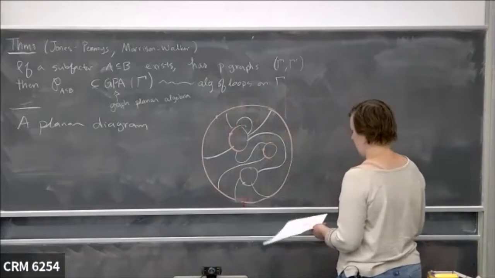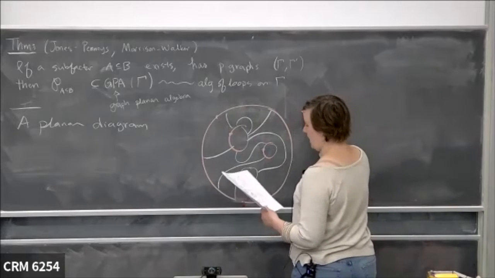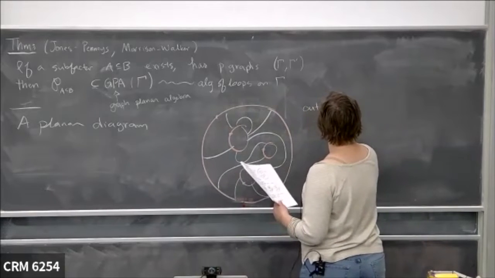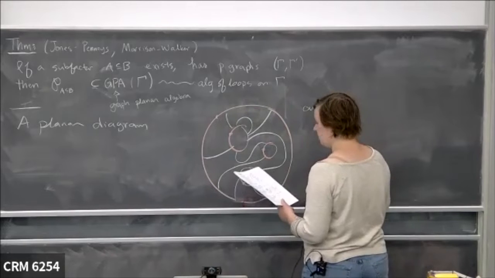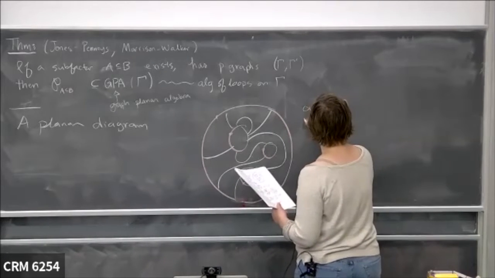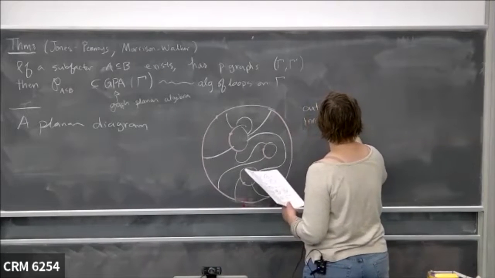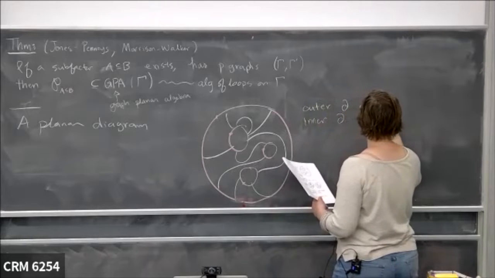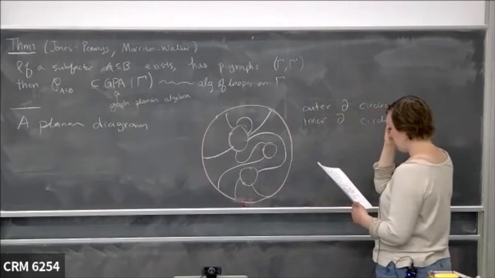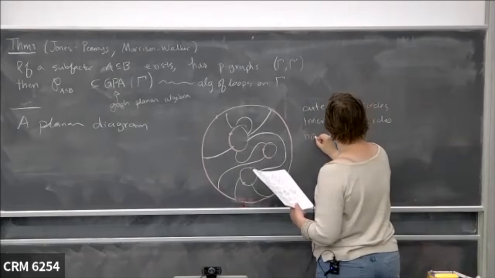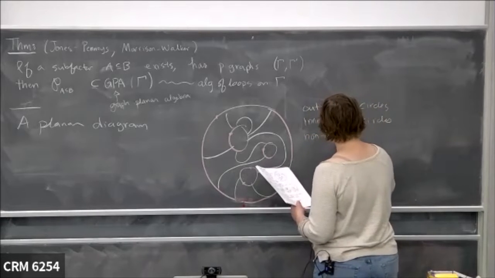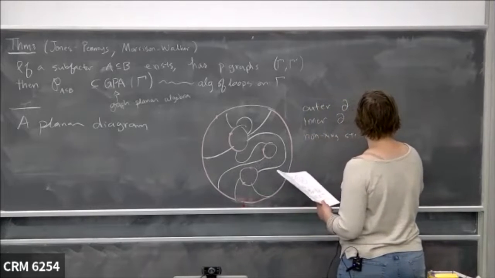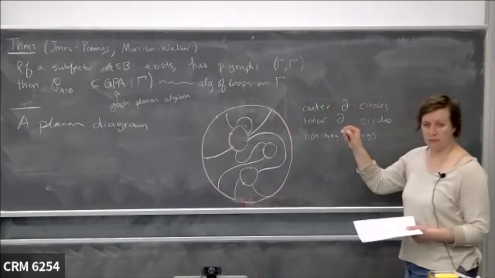Okay. So what was the data there? We have a single outer piece of our boundary, possibly multiple circles on the inside. We have non-crossing strings whose only endpoints are on the boundaries of circles.